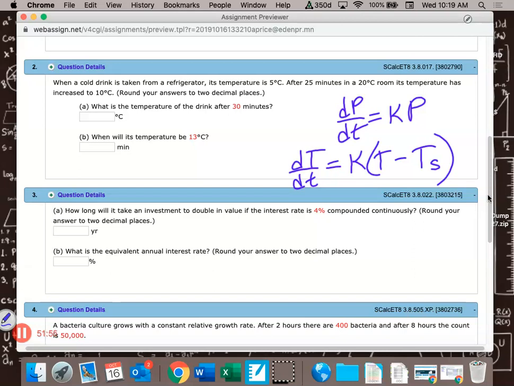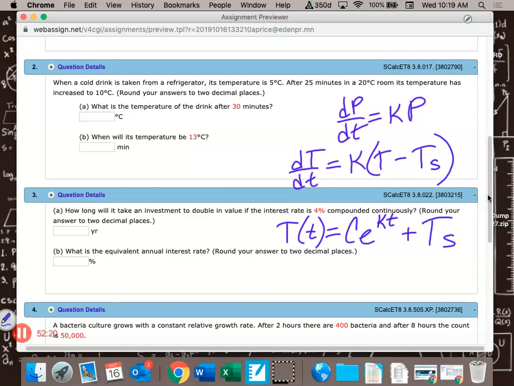So when you solve this, you end up with Ce^(kt) plus T sub S. Because of that, when you're doing Newton's law of cooling problems, your C no longer represents the starting value.